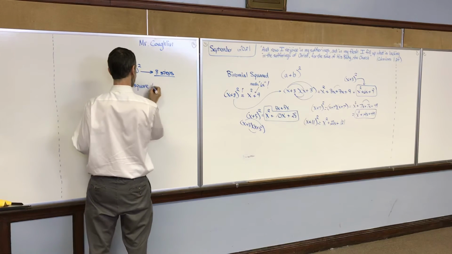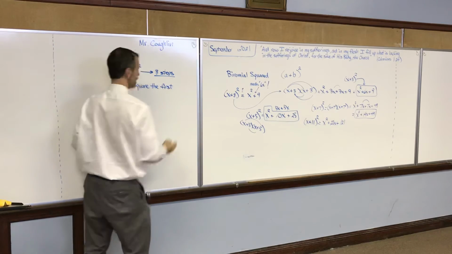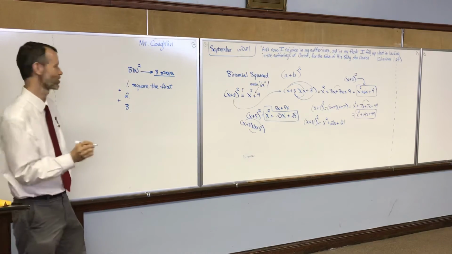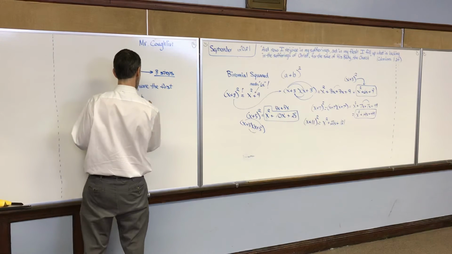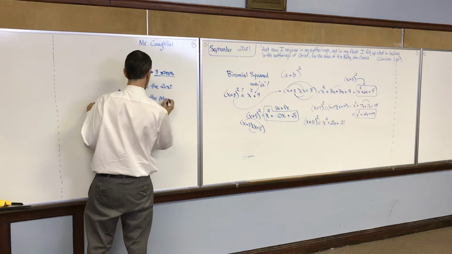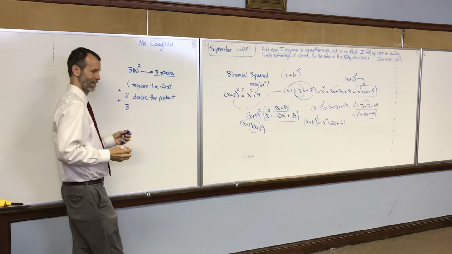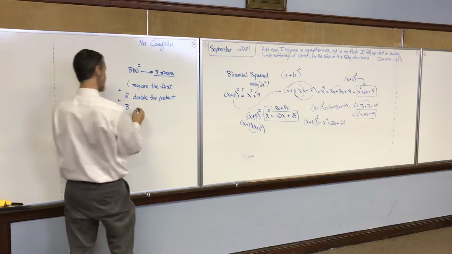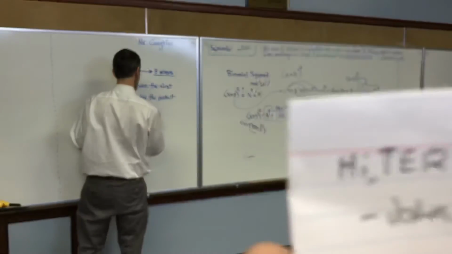Square the first. That's the first step. The second step, double the product. And the last, no pun intended, square the last.